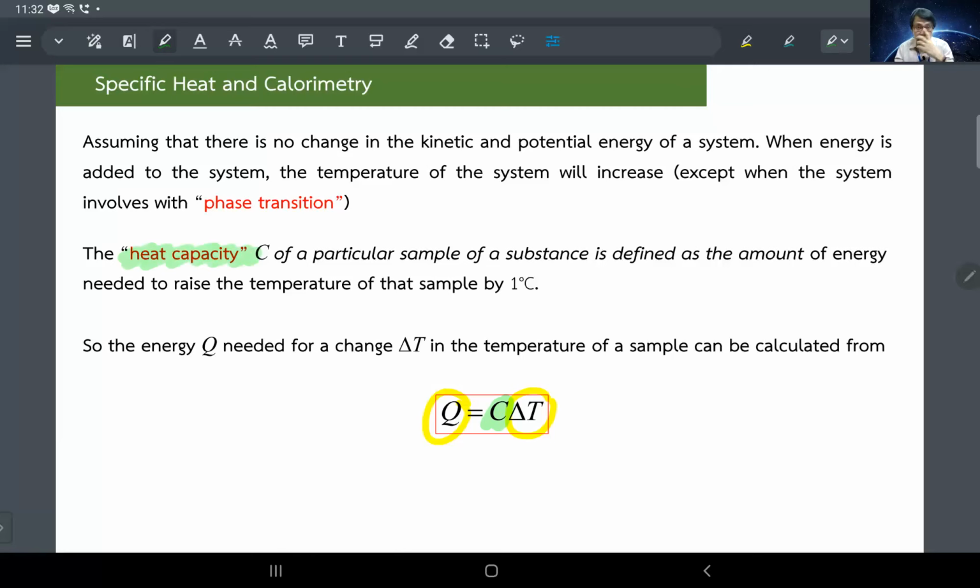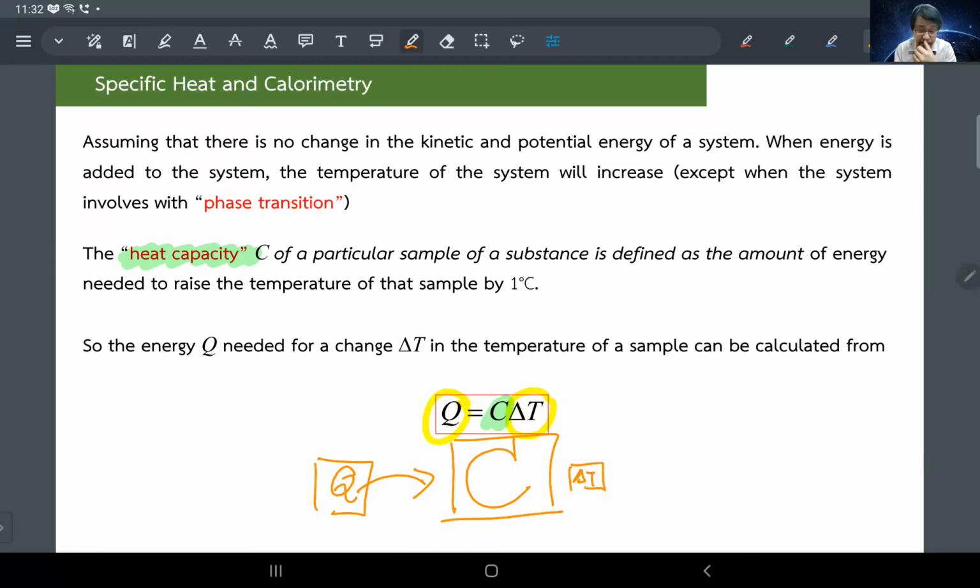Heat capacity. Think of it this way, guys. The reason C is called heat capacity is because of this. If you have a C that is so big, I just write it big to showcase this, a substance that has a very high heat capacity, and then you give a certain amount of heat to this substance, what will happen to the delta T? Of course, the delta T will be small, guys. You with me?